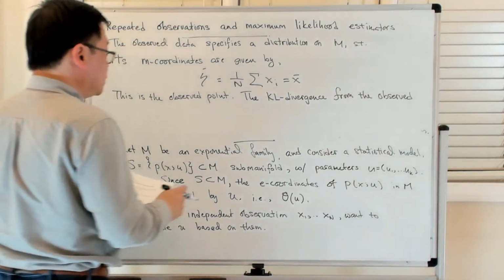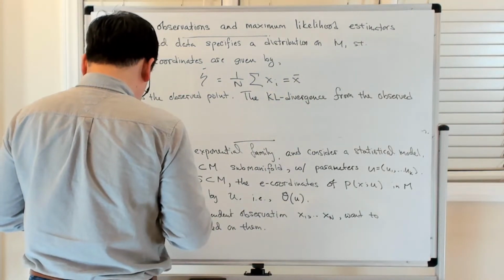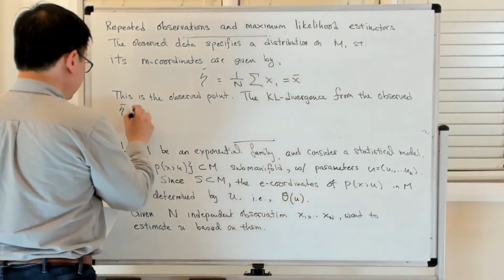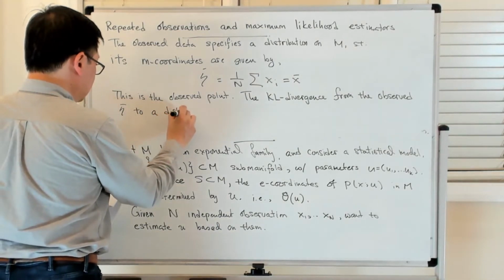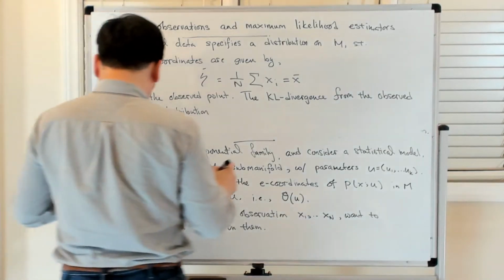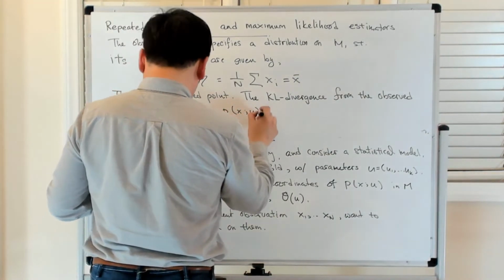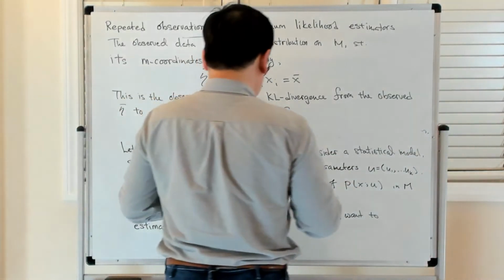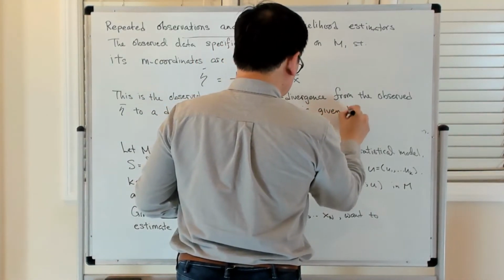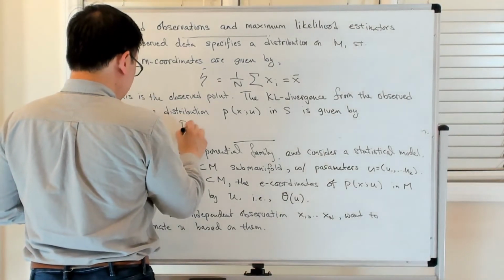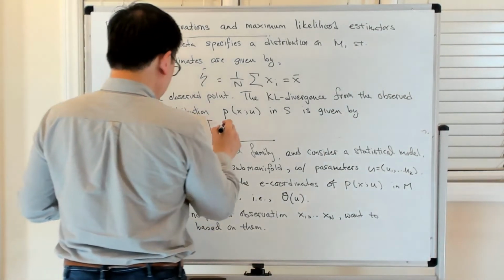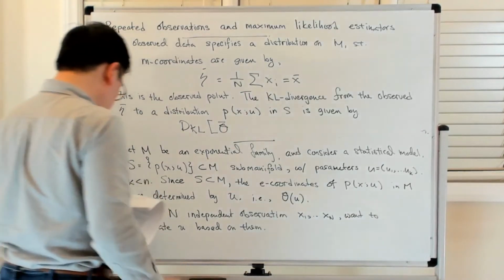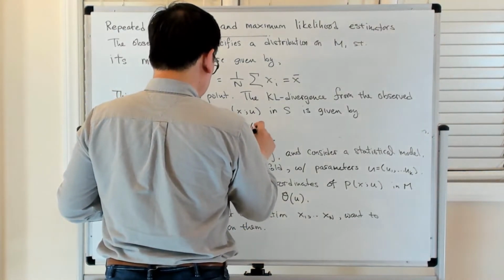Okay, all right. So where was I? So the KL divergence from the observed point, which is just the mean, to a distribution that's called p(x, u) in this space of statistical models S, is just given by the KL divergence from theta bar, the primal coordinate associated with this dual coordinate, to theta, which depends on u.